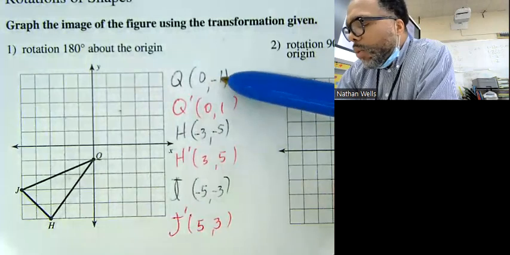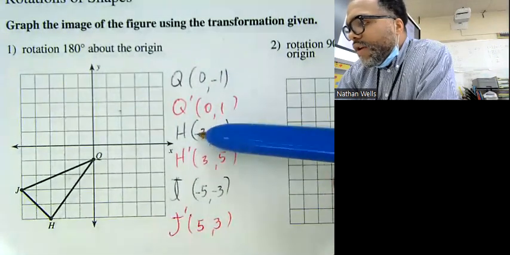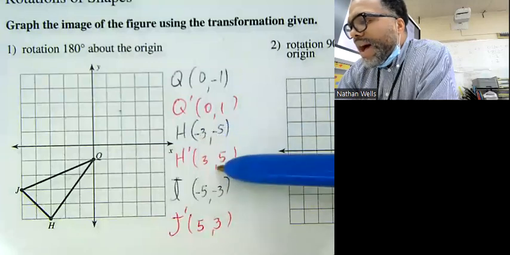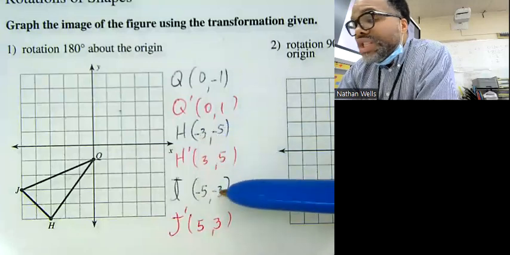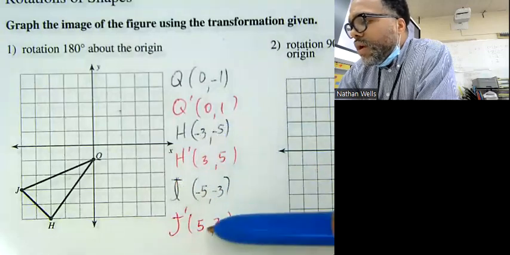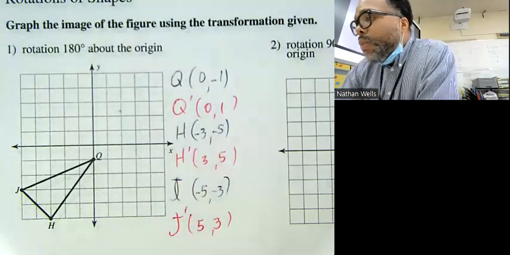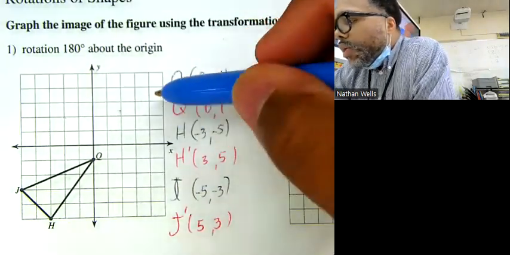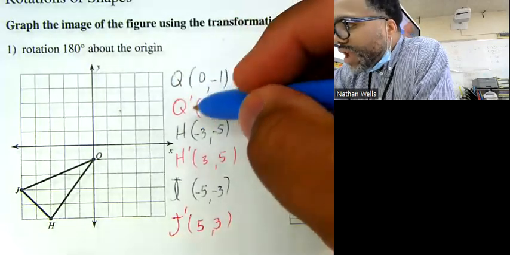So here, our 1 was negative, so now we're positive. For H, both our 3 and 5 were negative. Both are going to be positive on our prime point. So it's just the opposite. Since both of J's were negative, both are going to be positive. Now we have what we need in order to graph our primed image.